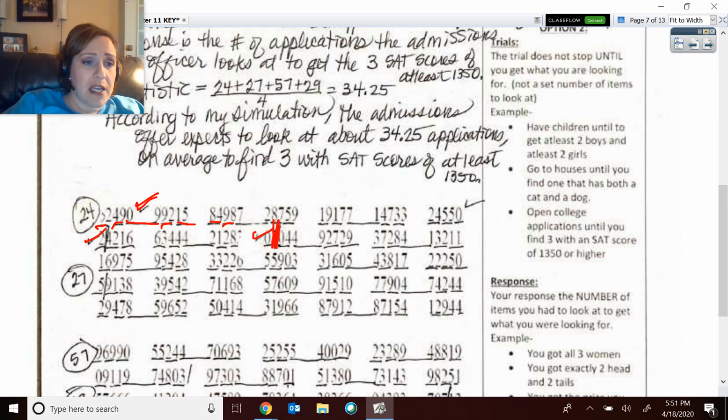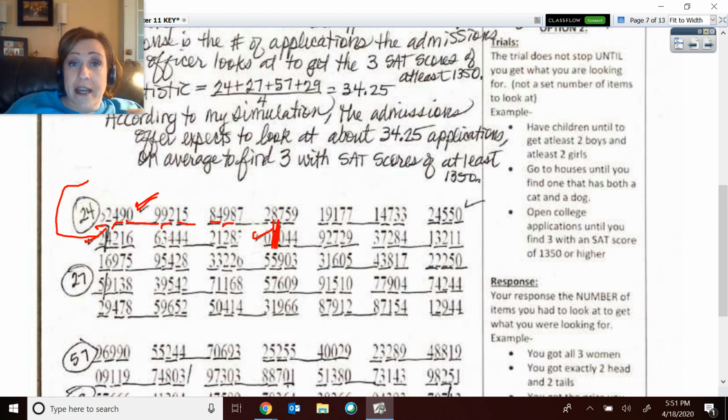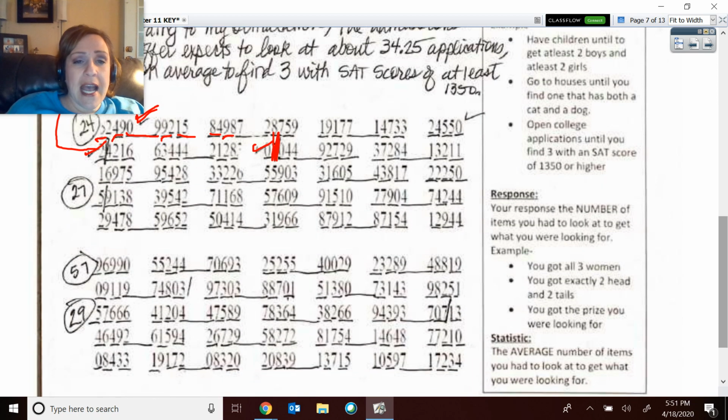And I wrote over here, I had to look at 24 of the applications to find 3 with that high SAT score. Okay? I did it again, and this one I had to do 27 to find 3, and 57 and 29. So what happened was I did not have enough room to complete 5 trials.